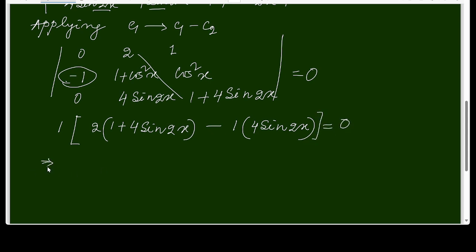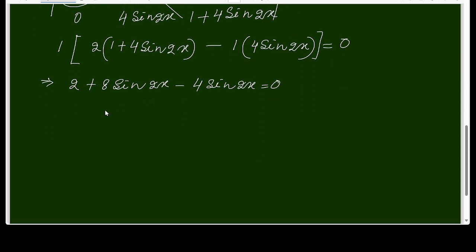So this gives us 2 plus 8 sine 2x minus 4 sine 2x equals to 0. Four sine 2x equals to negative 2, or sine 2x equals to negative half.